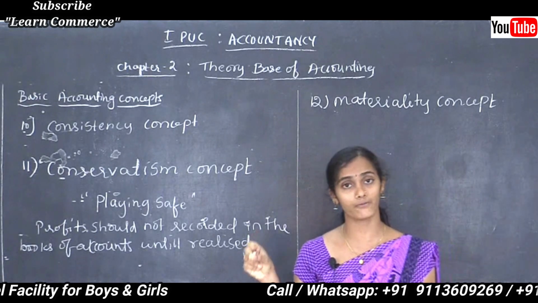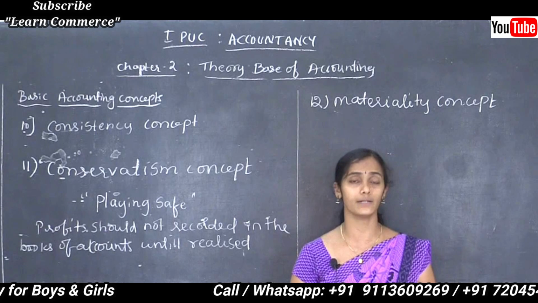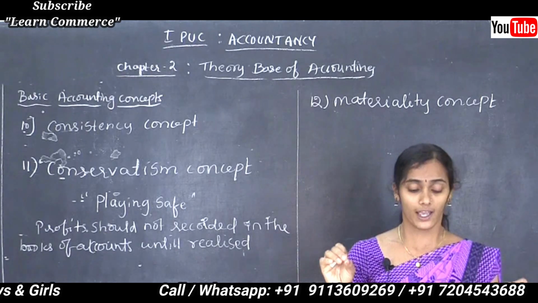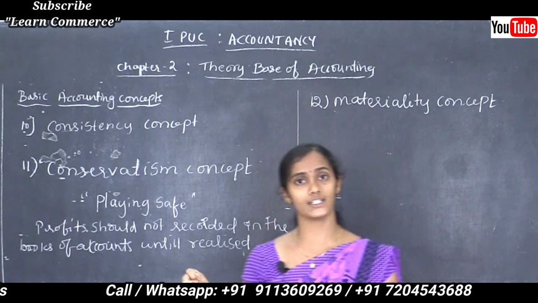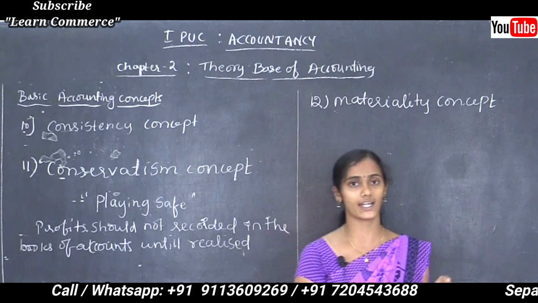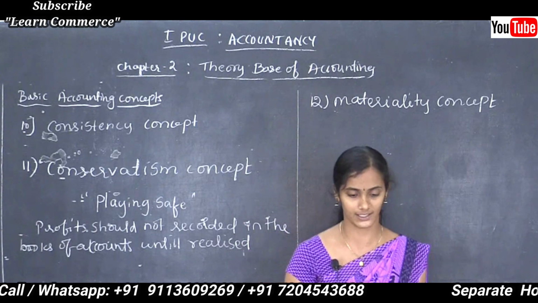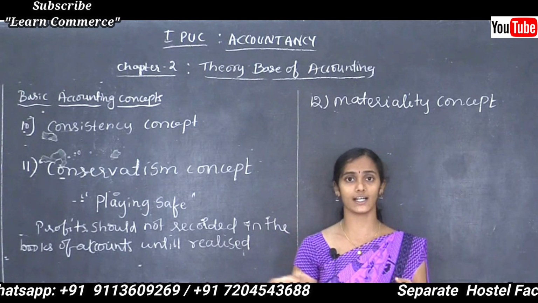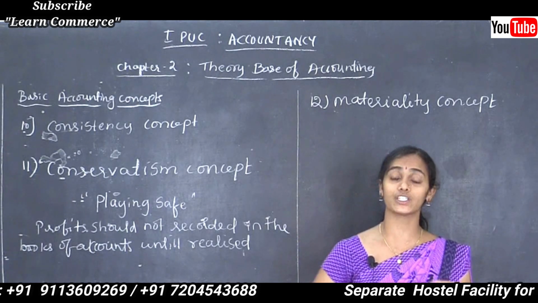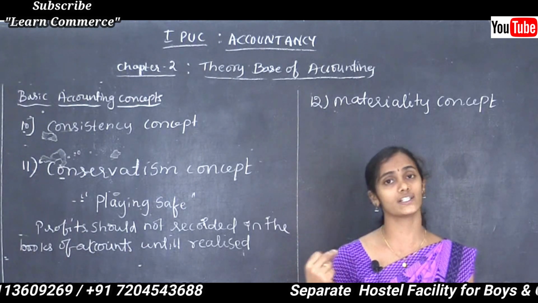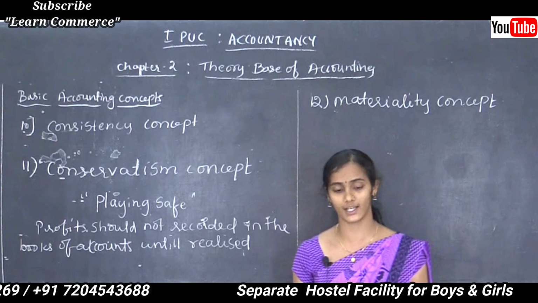Accounting should focus on the material facts, and it says that efforts should not be wasted in recording irrelevant and immaterial facts, which are immaterial in the determination of the income or the profit of the organization.